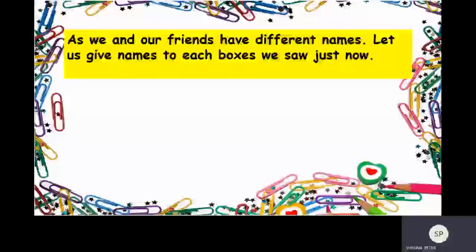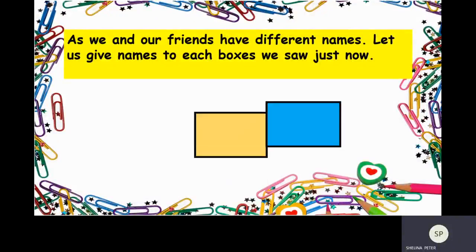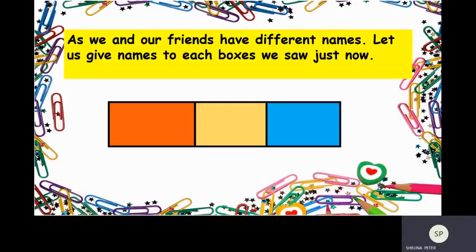I hope you were able to understand what are digits. As we and our friends have different names, let us give names to each box we saw just now. So here are the 3 boxes. Let us give names to each box, starting from right side. Now, can you see this blue box?